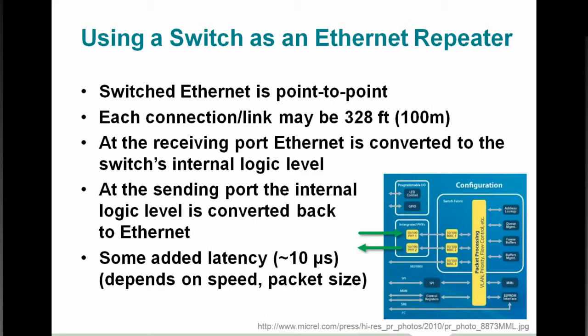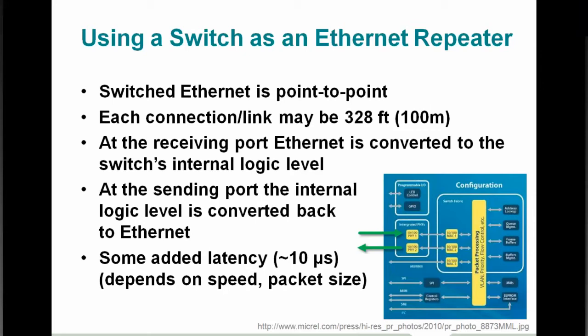And this is agnostic. It doesn't matter whether you're working with an unmanaged switch or a managed switch. They'll both operate in the same basic fashion. Then when it comes back out of the switch, you've got a completely new path. So you can think of the switch as a repeater in this case. I'm using the term repeater really loosely here, because switches do a lot of incredible things, particularly managed switches, that allow you to extend this connection.